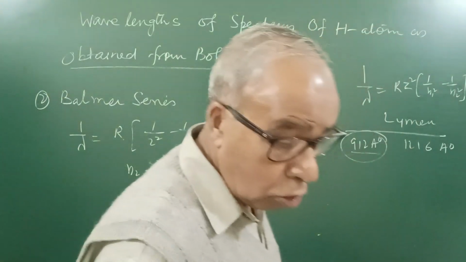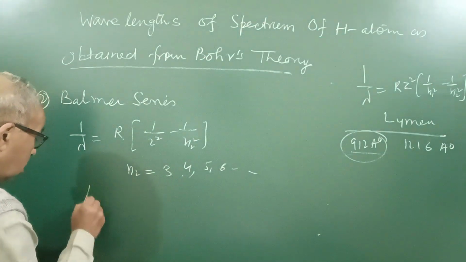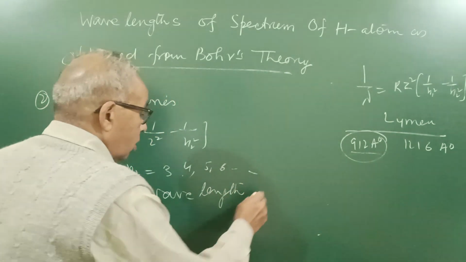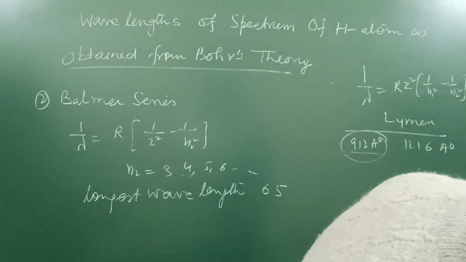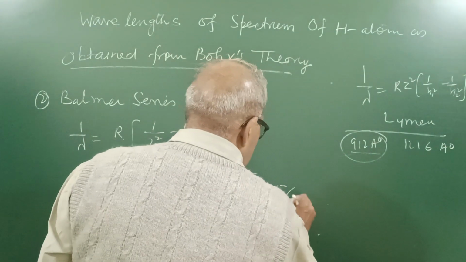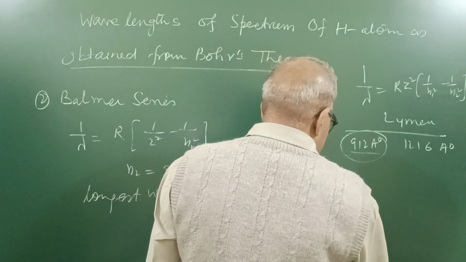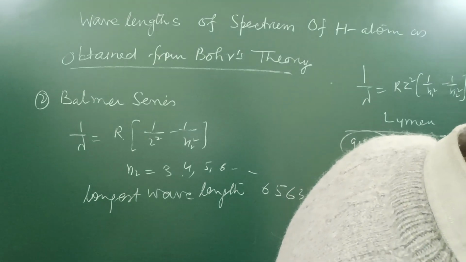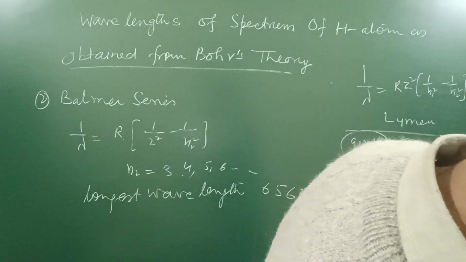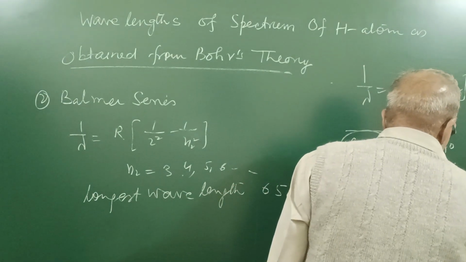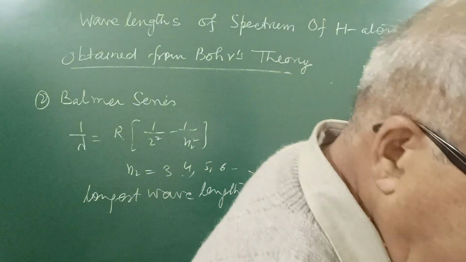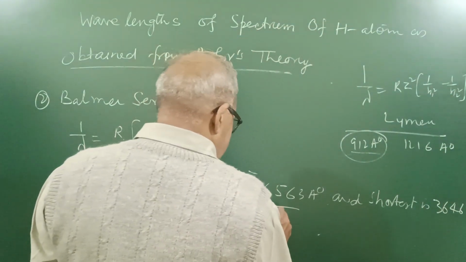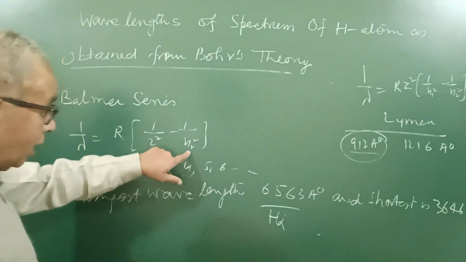The shortest wavelength here is 3646 angstrom and the longest wavelength is 6563 angstrom. These lines are also named: the longest is H alpha.